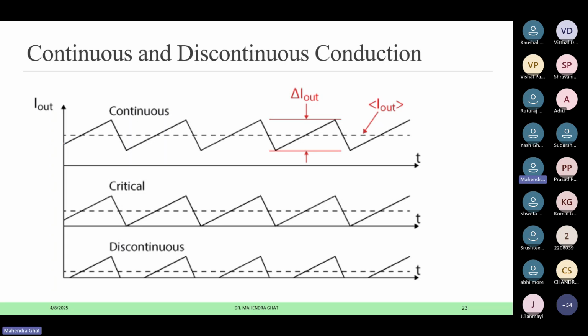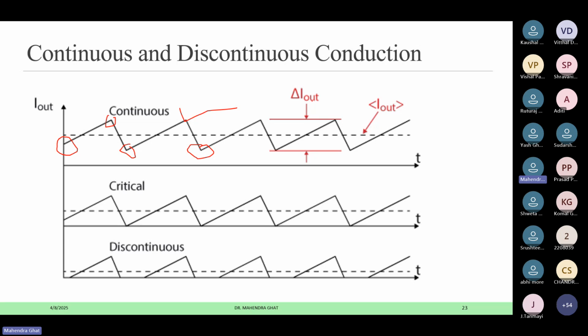Here you can see it starts from this point, goes to a higher value, and comes back to the initial value. Similarly at this point, but in none of the cases has it reached zero. It is always greater than zero, so this case is called continuous conduction.